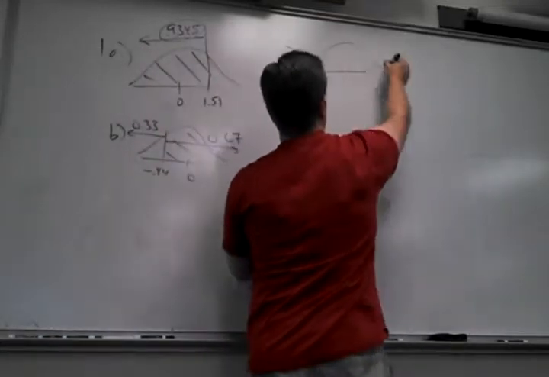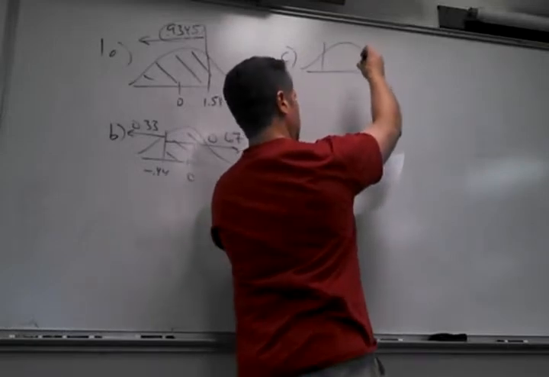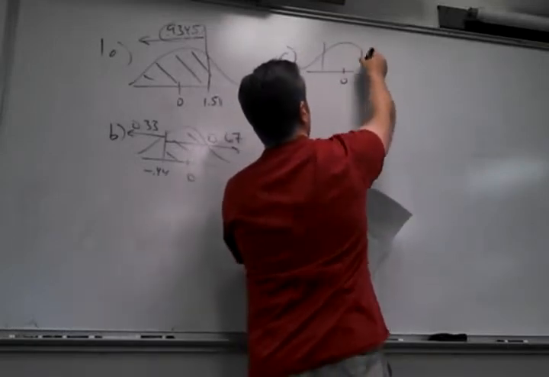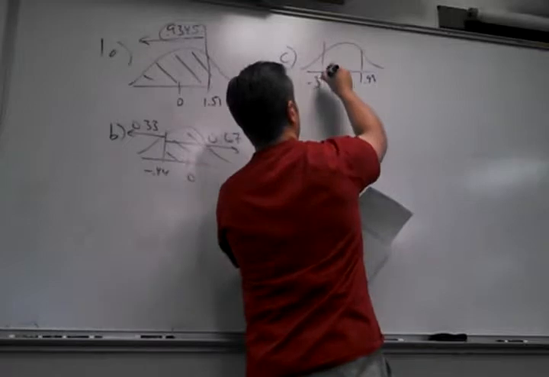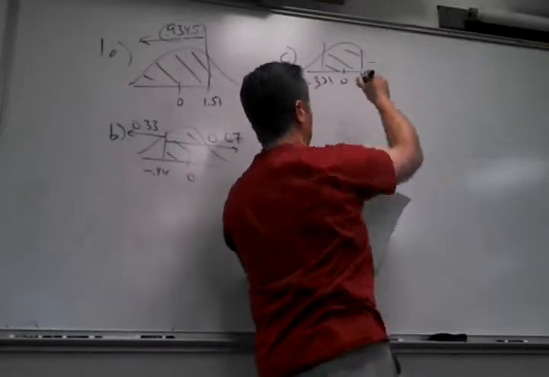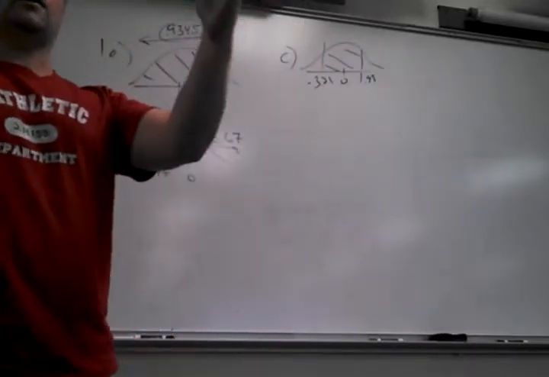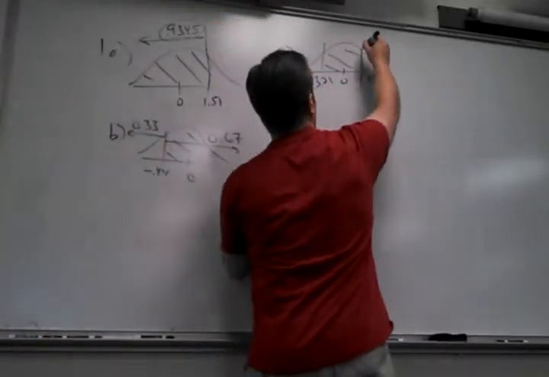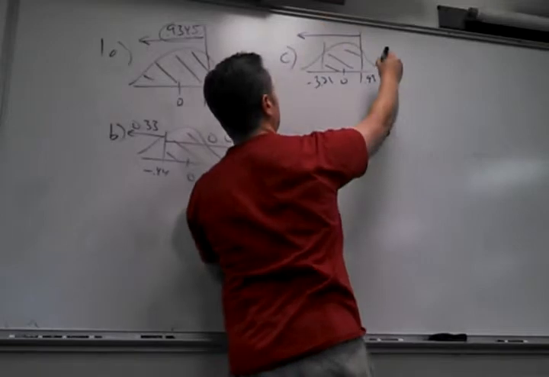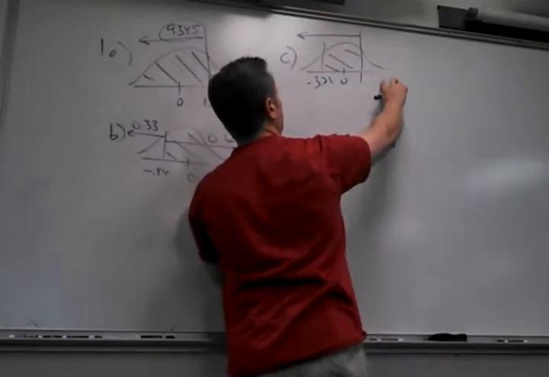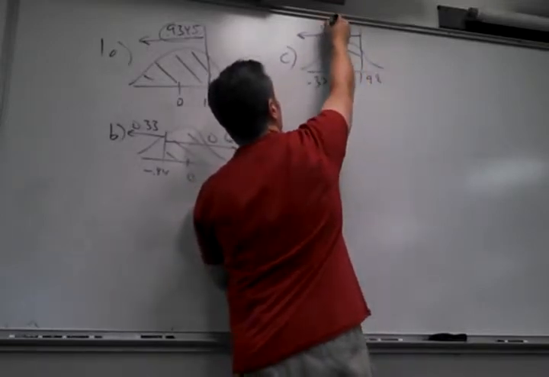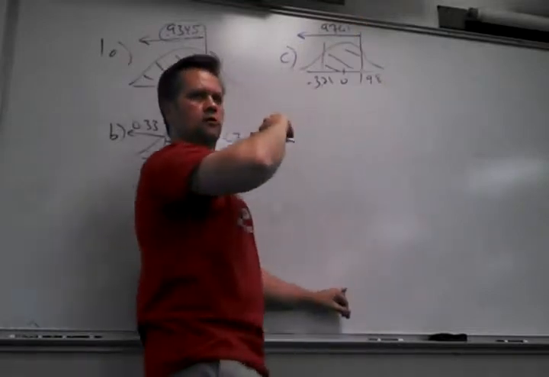C was the one with 2 ends to it. Here's 1.98, here's negative 3.21. I want this area in there. And once you see this, it's very simple physically why it works this way. If you look up 1.98, what area do you get? 0.9761? Yes.